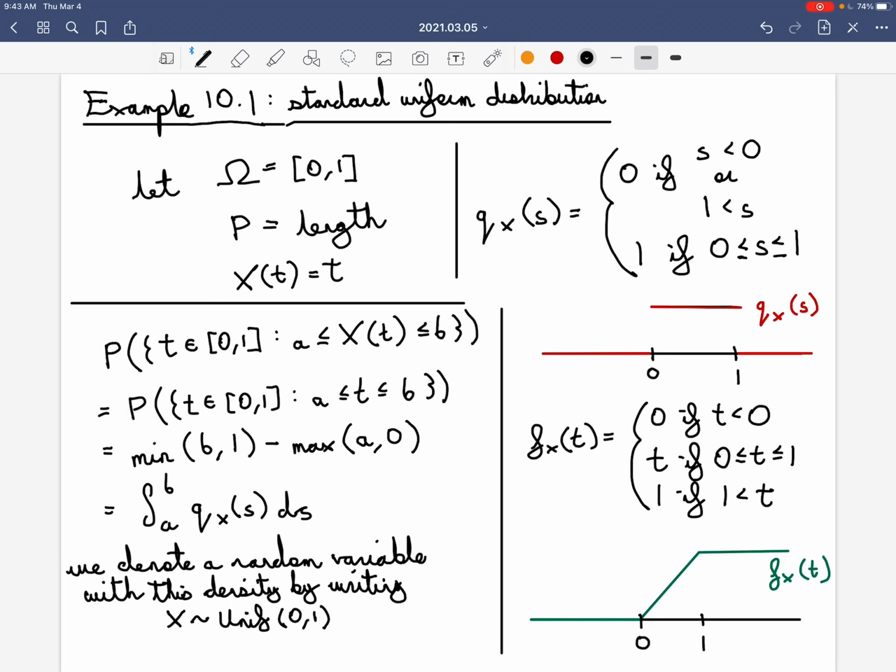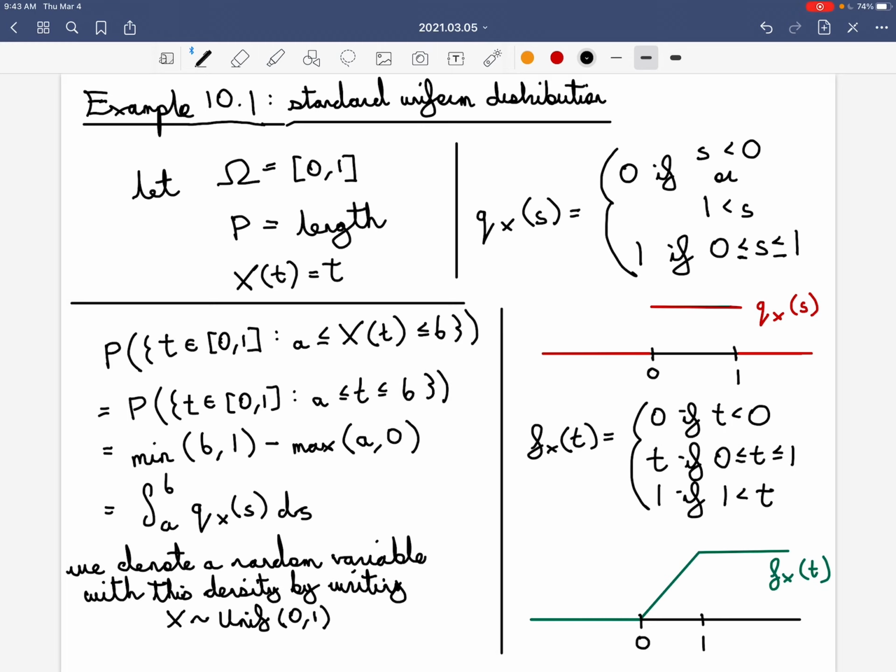So I'm intersecting the unit interval with the interval from A to B. And so when I do that, the length of what I get is the minimum of B and 1 minus the maximum of A and 0. And you can verify that's exactly what you get by integrating this density from A to B.